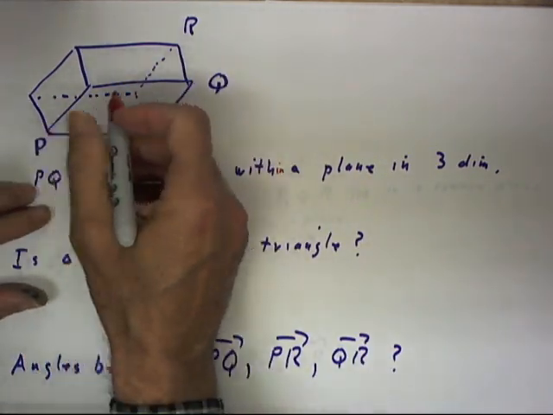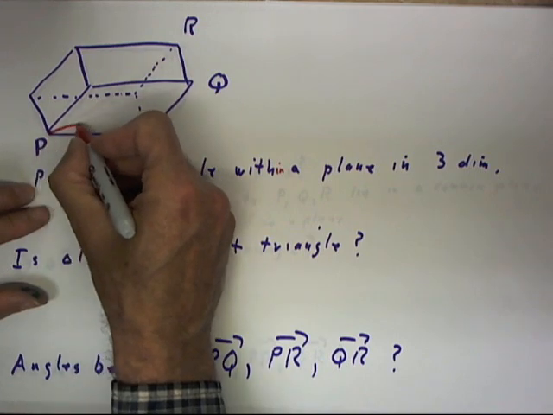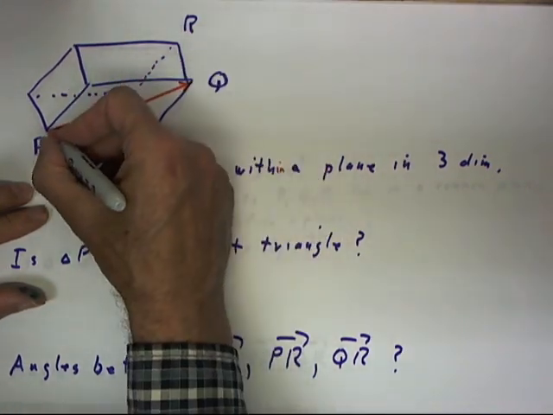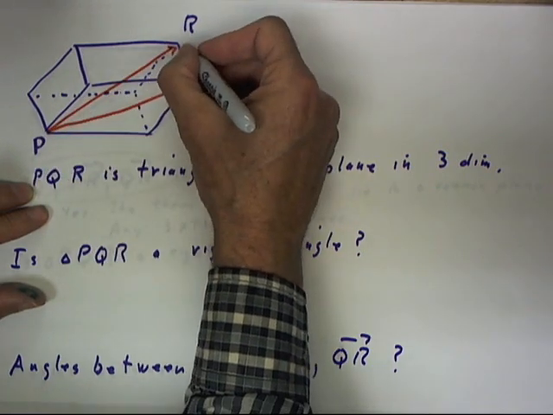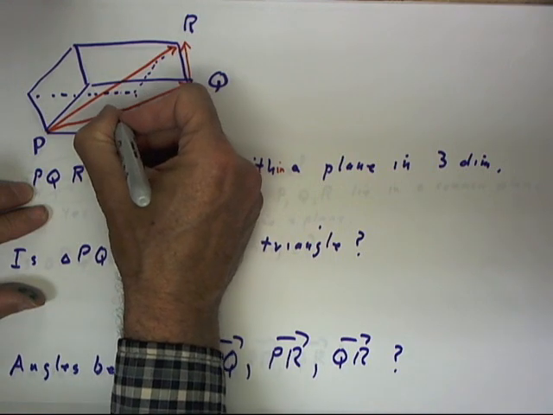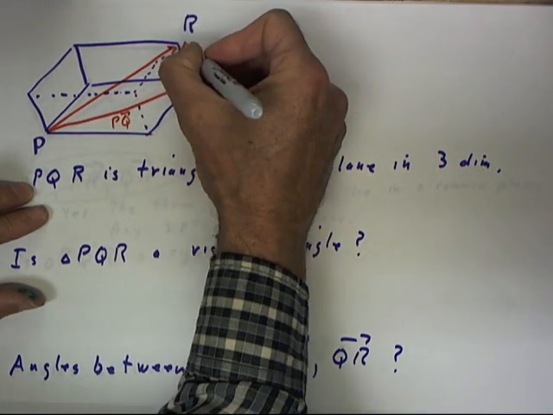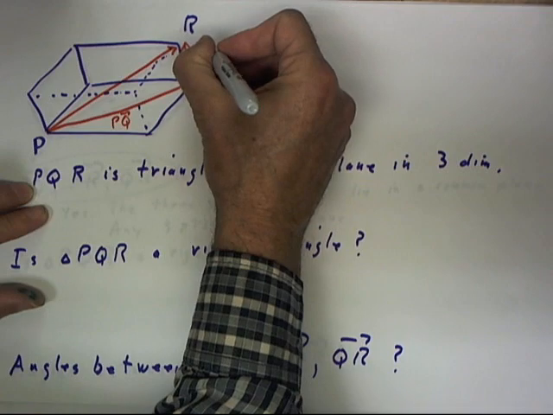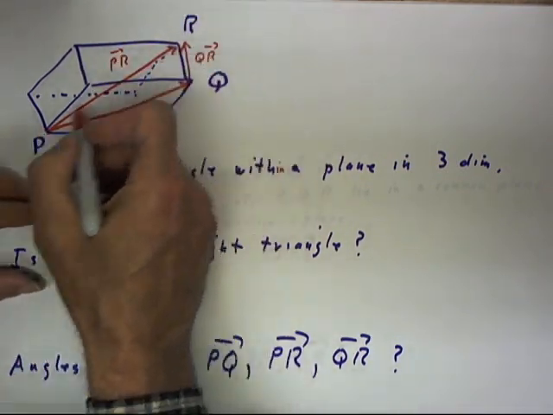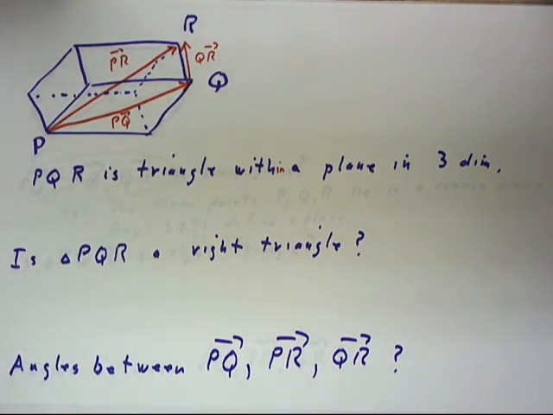If I sketch the vector from P to Q, the vector PQ, and the vector from P to R, the vector PR, and the vector from Q to R, QR, so I've got PQ, QR, and PR, then we see that those 3 vectors do form a triangle.